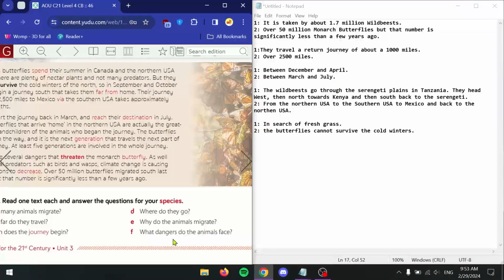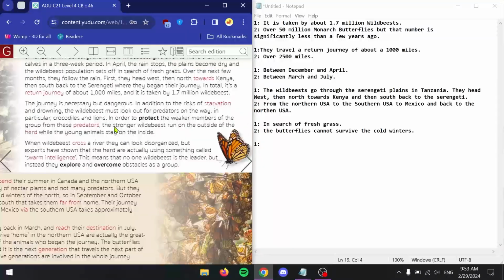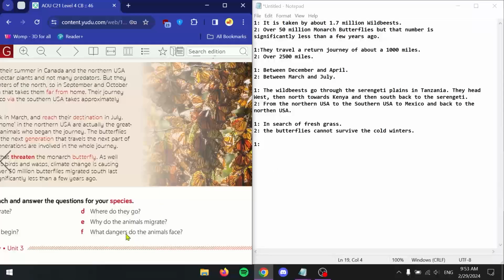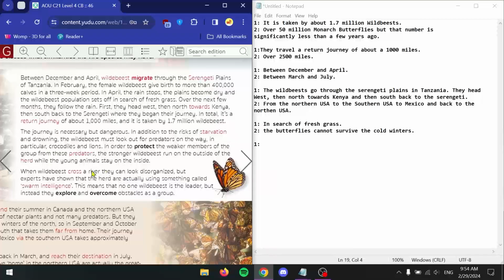Okay. What dangers do the animals face? In the case of the wild beasts, let's take a look. Look out for predators on the way, in particular crocodiles and lions. But remember the question said dangers, so it's not just predators. So what are some other dangers besides crocodiles and lions?